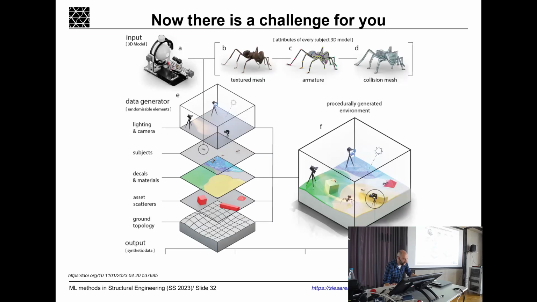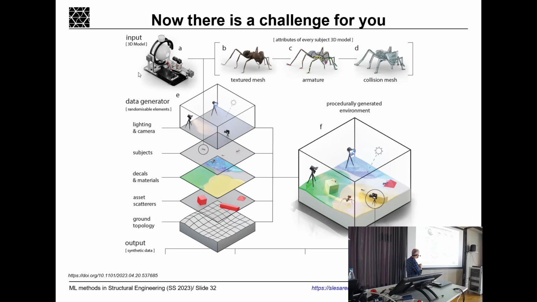What they did is quite magnificent. First of all, they built a little device, see this, that scans the ant geometry. They put a real ant and scan it. And then using Unreal Engine, they recreate an artificial environment.